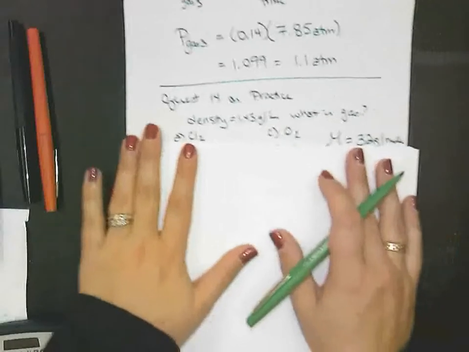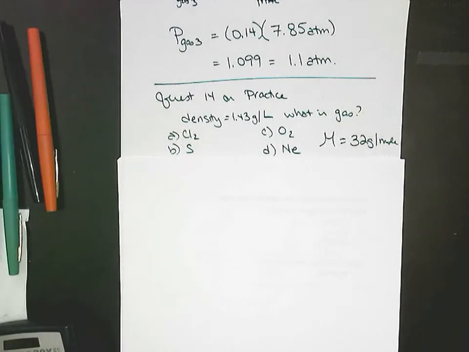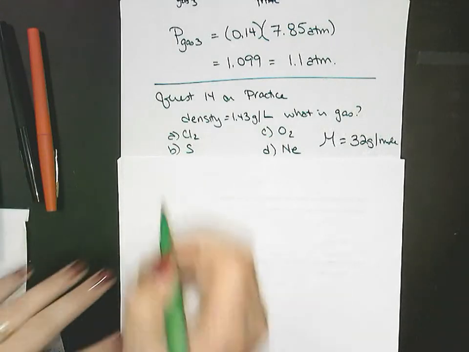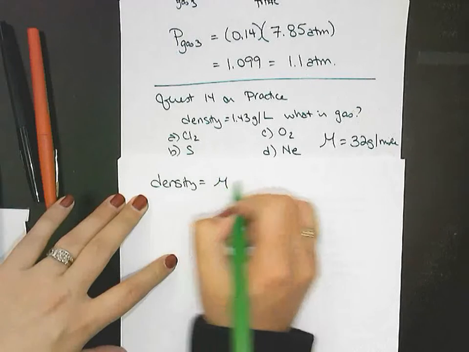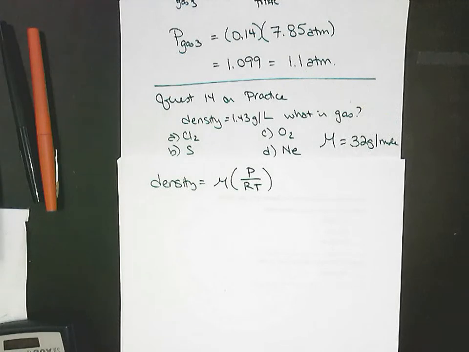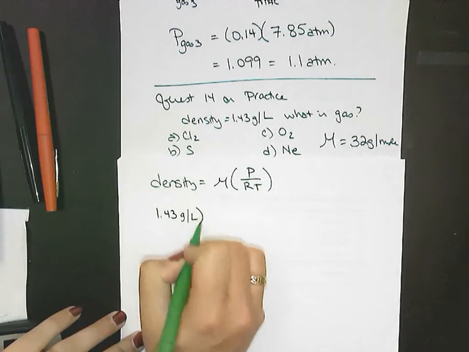So if density is 1.43, this is one of the equations that we had at some point where we changed P equals nRT into density equals P times the molar mass divided by RT. Move some things around. The density is given, and we're looking for this M.